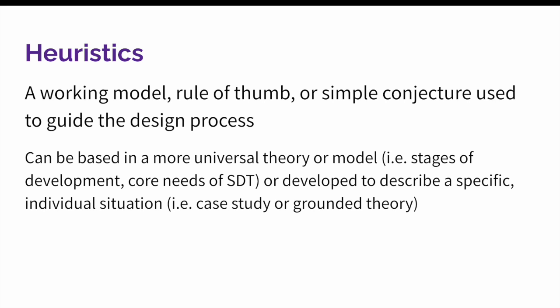That's not what it is, but it's taking the shorthand version of that more complicated evidence-based theory and boiling it down into a useful rule of thumb, which is to check for: am I addressing competence, and how? Am I addressing relatedness, and how? Am I addressing autonomy, and how? And if you come back from one of those questions with a difficult answer, then that's a sign to adjust your design and then keep moving forward and keep iterating.